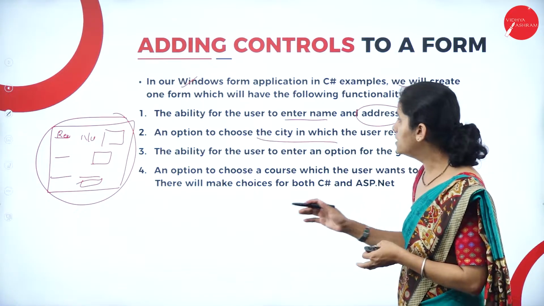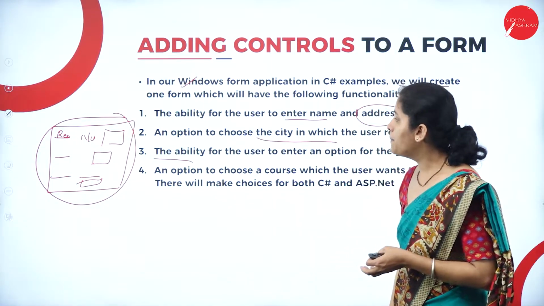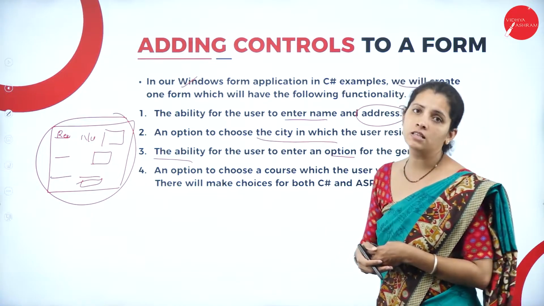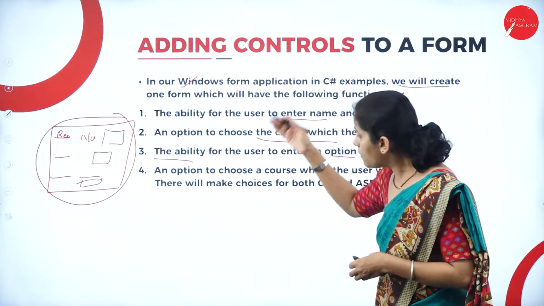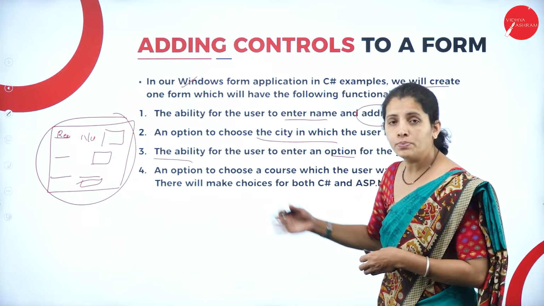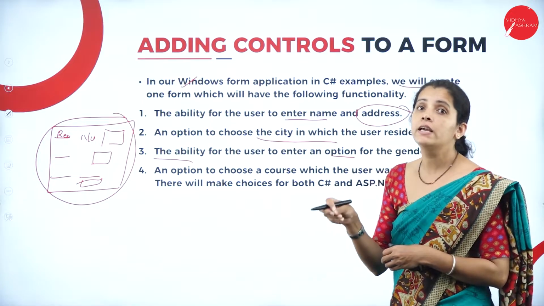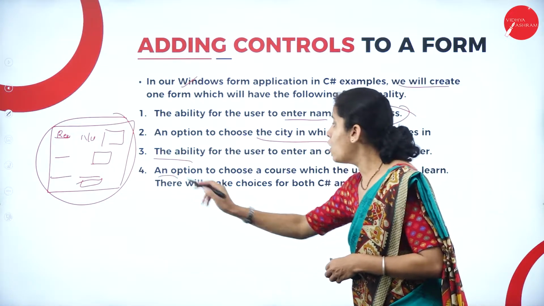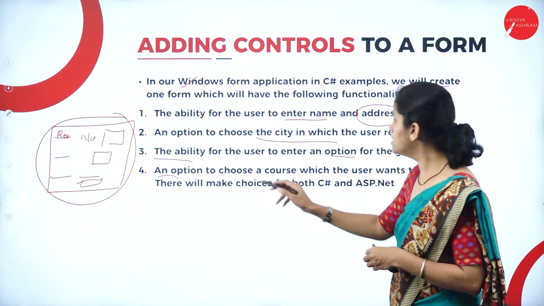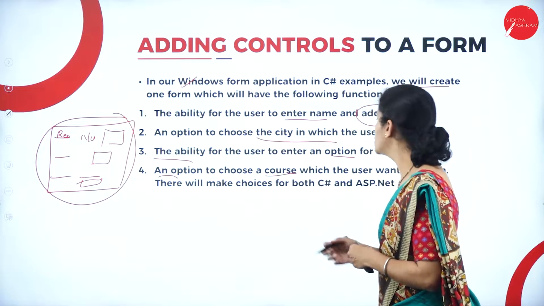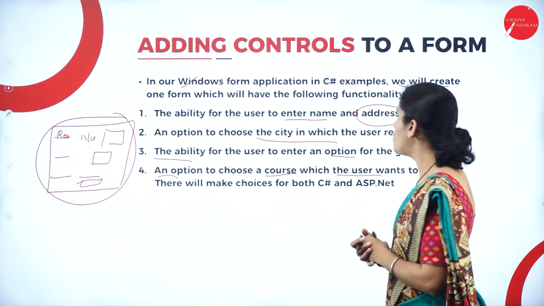Along with that, the ability of the user to enter the option for gender. I want to provide the option to the user to select their gender, an option to be chosen, or an option to choose a course which the user wants to learn.